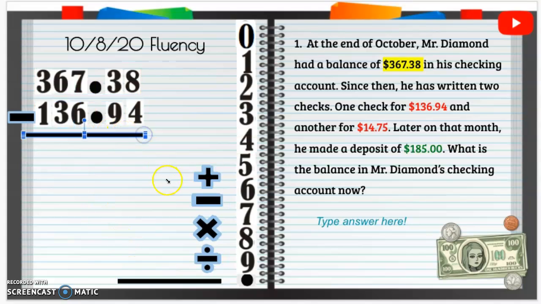All right, so what we have now is going to be, we're going to subtract. 8 minus 4 is going to give us 4. 3 minus 9, we cannot do that. So we have to borrow.